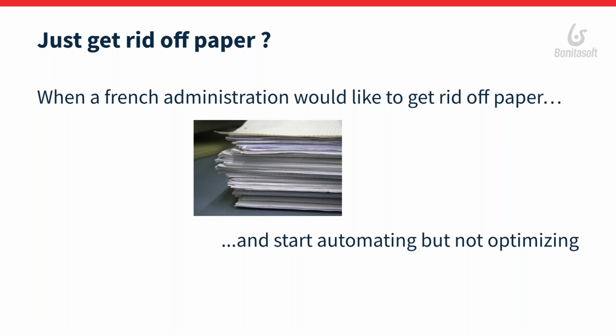They started automating. They said, okay, this task is manual, done by this department, I automate it in this tool. I use BPM to integrate all tools and I automate everything. Great.